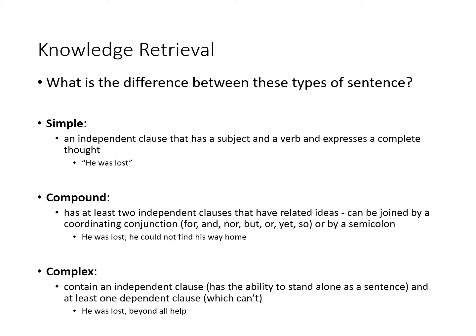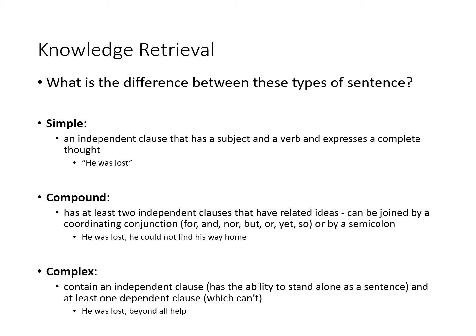A complex sentence contains an independent clause, a sentence that stands alone, and a dependent clause which can't. The dependent clause needs the independent clause to make sense. In this case, he was lost beyond all help. He was lost, as we know, is a simple sentence in itself. It will work on its own. Beyond all help doesn't work as a sentence.